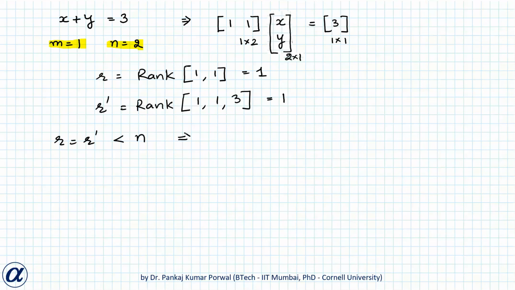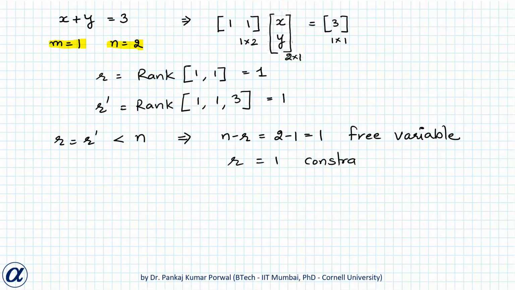So in this case there should be n minus R, that is 2 minus 1, equals 1 free variable, R equals 1 constraint variable, and as we already know, this system of equations has infinite solutions.